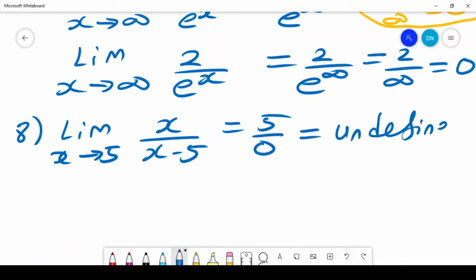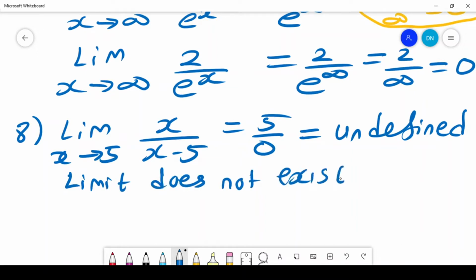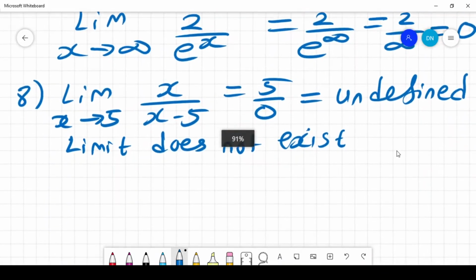So remember, this is not indeterminate because it is not 0 over 0. It is undefined. So what we say is that the limit does not exist. So that is something that we want to keep in mind, and we can go on and on using other approaches. We can think of other problems.